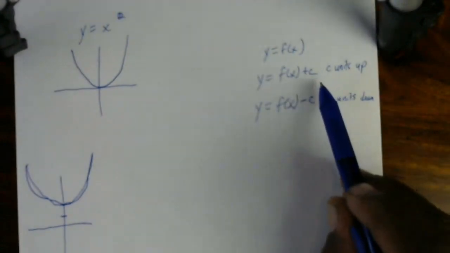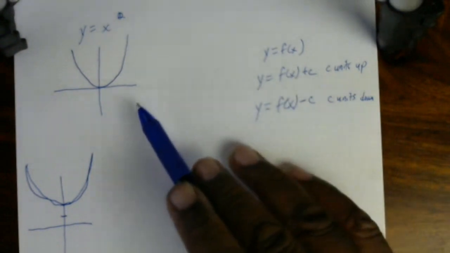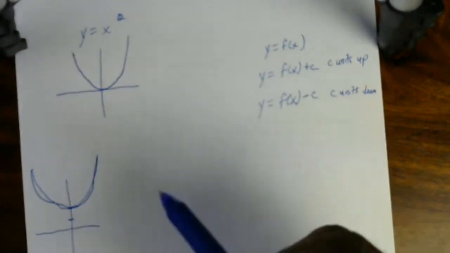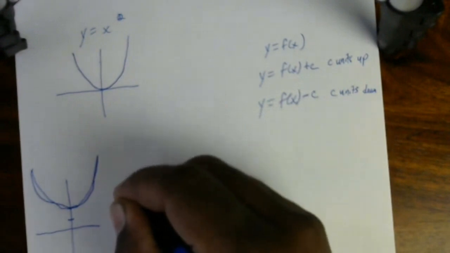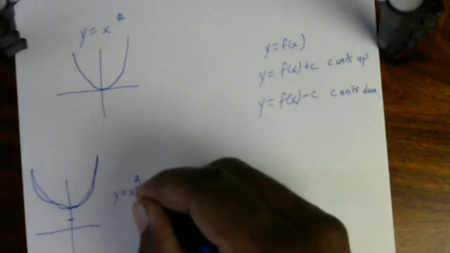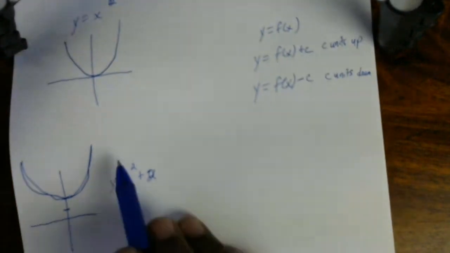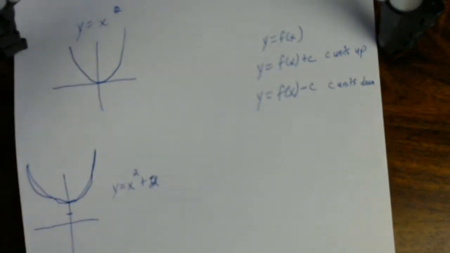Well, based on what we have over here, if I wanted to shift this graph up 2 units, I would simply add 2 to my function. So y is equal to x squared plus 2 would shift that graph up 2 units.